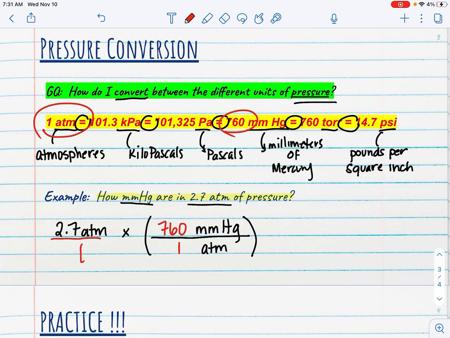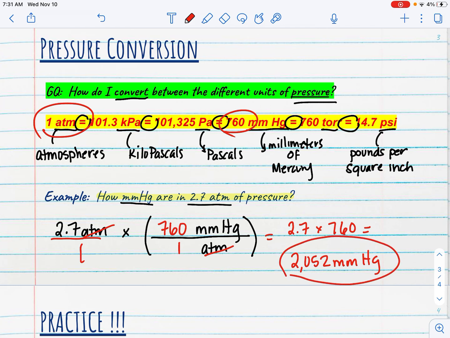I set this over 1. It looks like atmospheres is in the numerator and the denominator. All right, when I do this, I'm going to end up taking 2.7 times 760. And I'm going to get 2,052 millimeters of mercury. All right, and again, this is the same amount of pressure as 2.7 atmospheres, just expressed in a different unit, right?